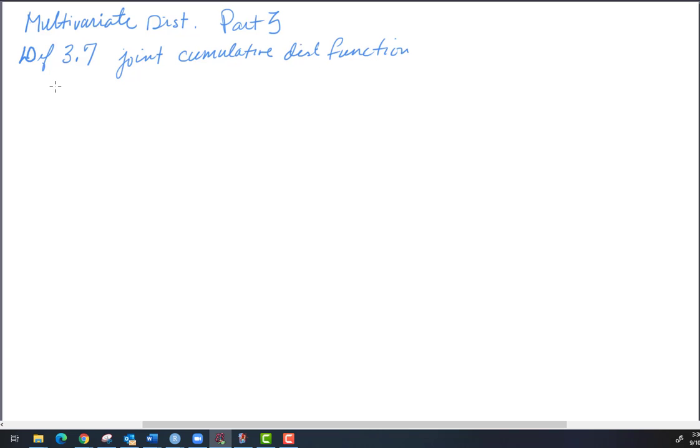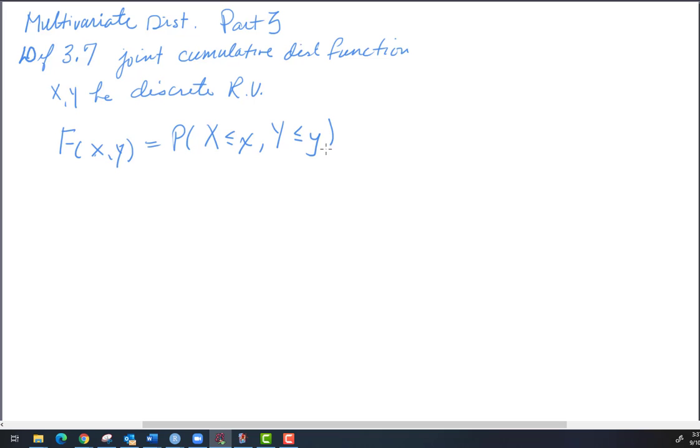And we're going to continue to let x, y be discrete random variables, and we will have a joint cumulative distribution F(x, y) if that's equal to the probability that X is less than or equal to this x right here, and Y is less than or equal to this y value.